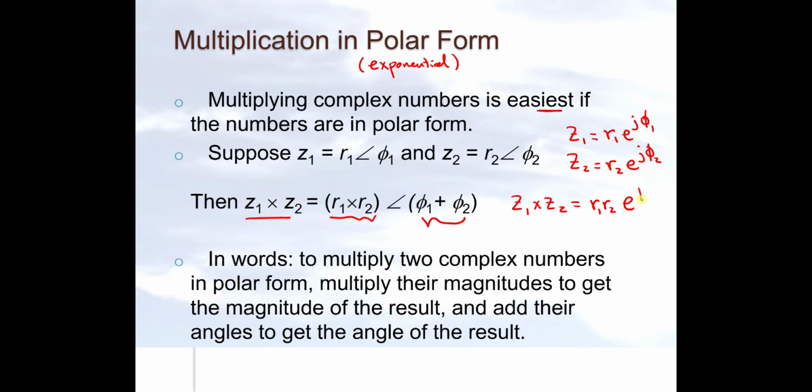So it becomes e^(j(phi1 plus phi2)). You can see that r1 r2 is the magnitude of the result, and phi1 plus phi2 is the angle of the result of the multiplication.